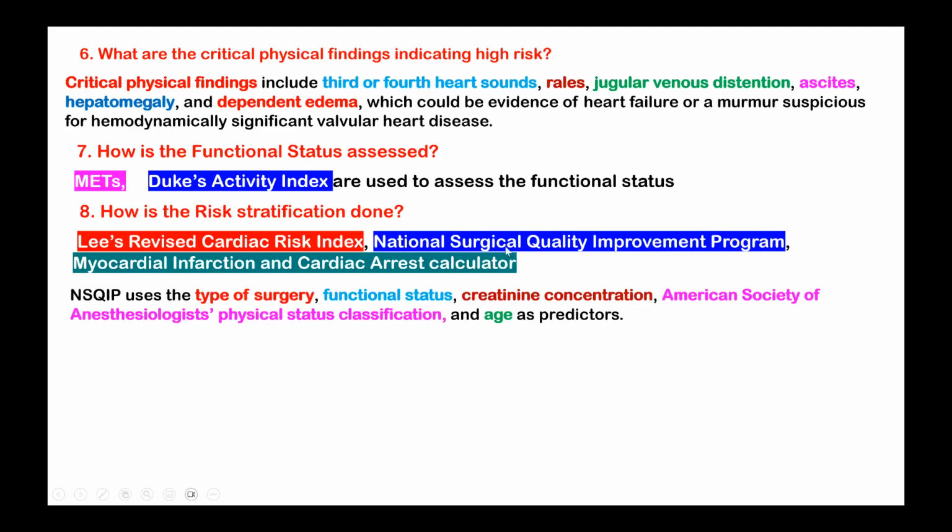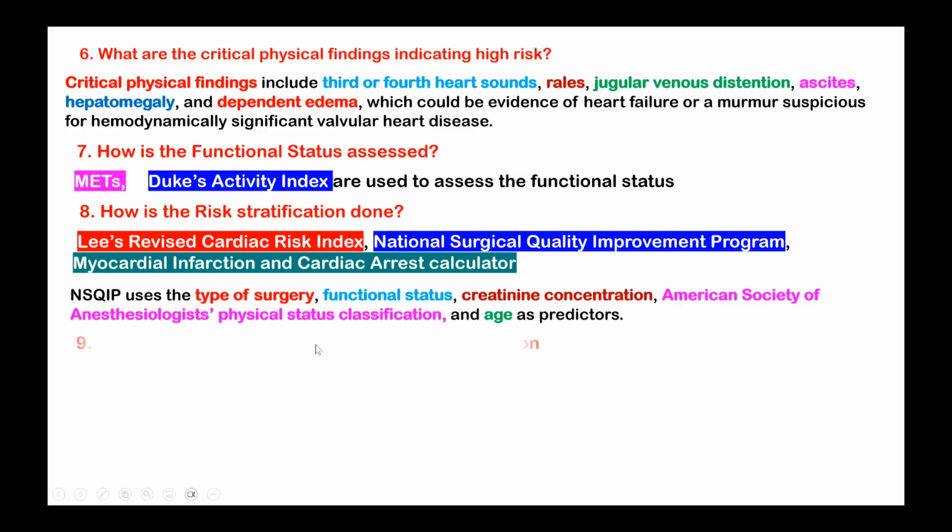So the NSQIP, which is currently recommended apart from Lee's Revised Cardiac Risk Index, especially for patients with coronary artery disease, uses the type of surgery, functional status, and creatinine, which are almost like Lee's revised index only, but it includes the American Society of Anesthesiologists physical status classification and age also as predictors, which are not included in Lee's Revised Cardiac Risk Index.